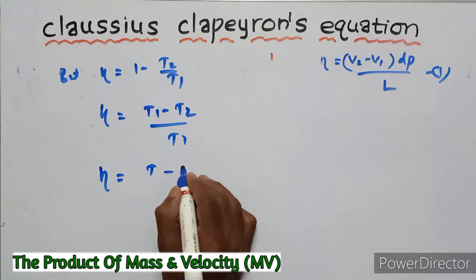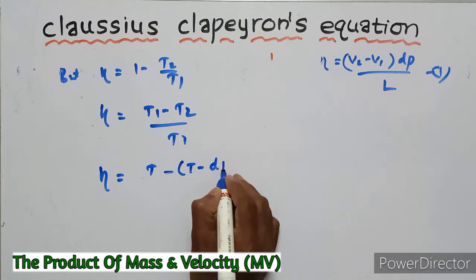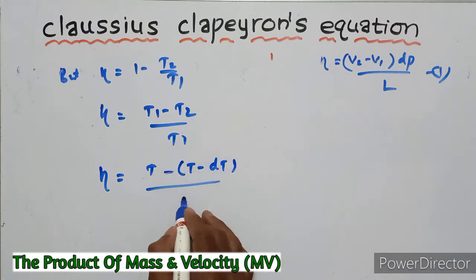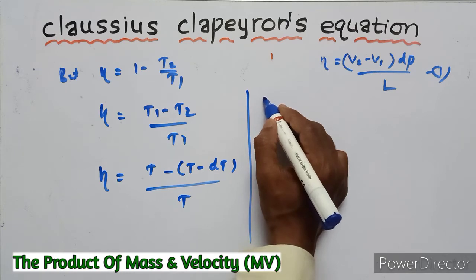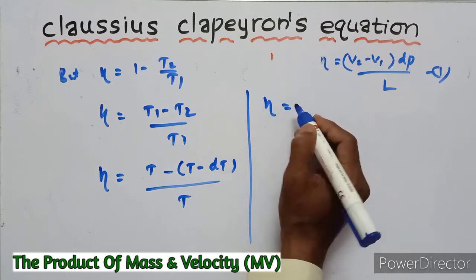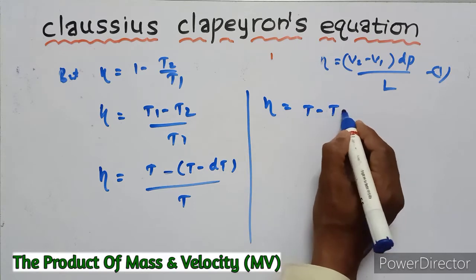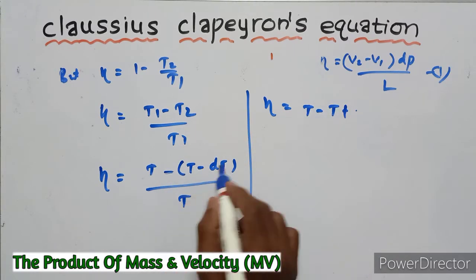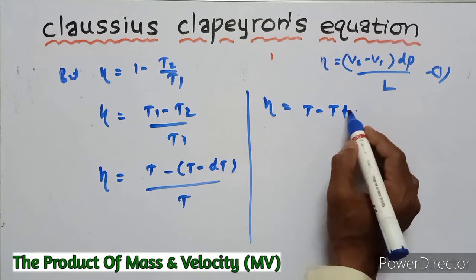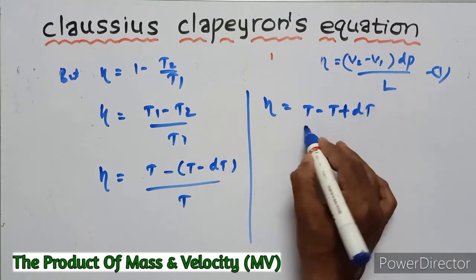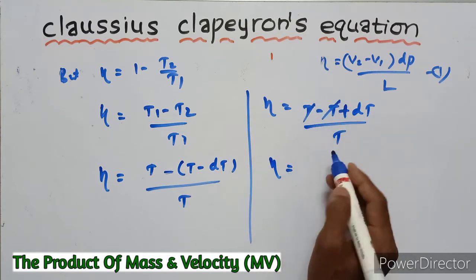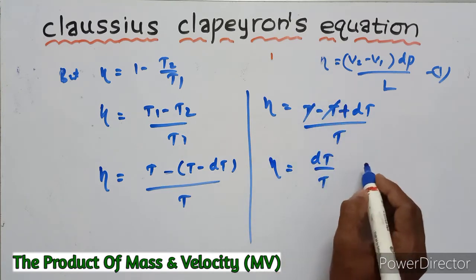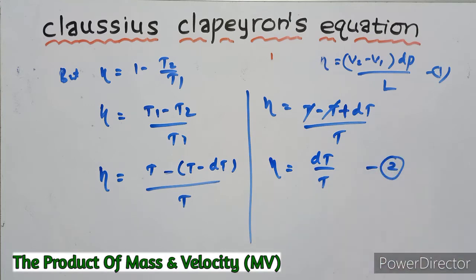Here T1 is the first temperature T, and the second temperature is T minus dt. So this equation can be written as eta equals dt upon T. This is the second equation.